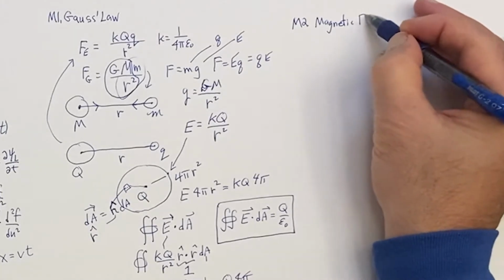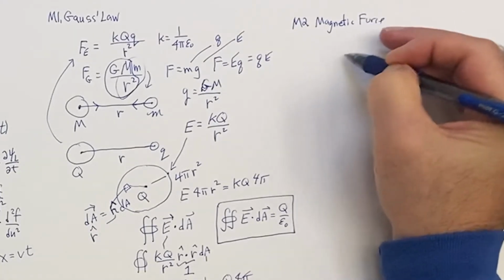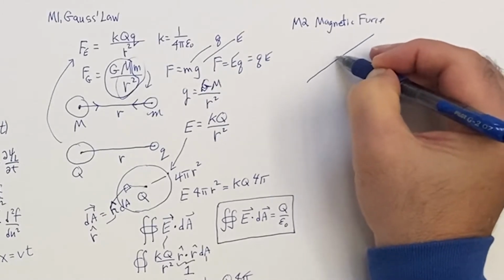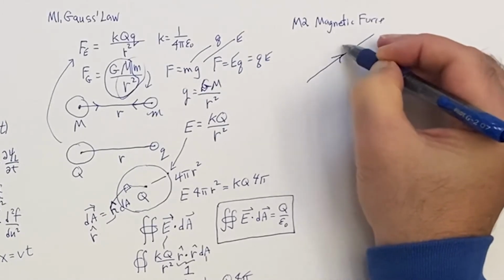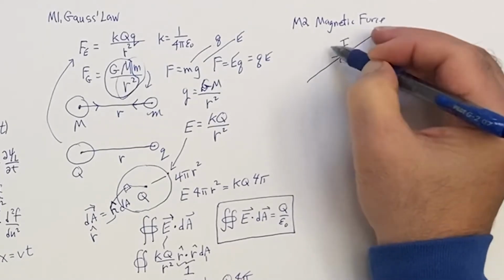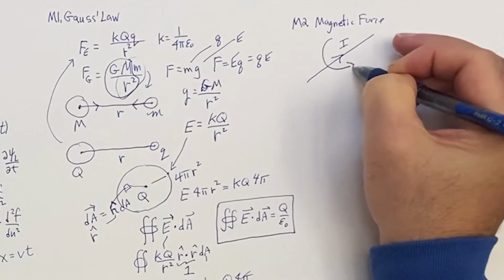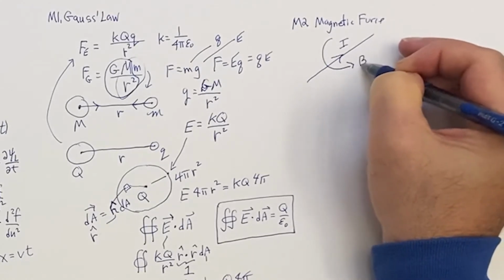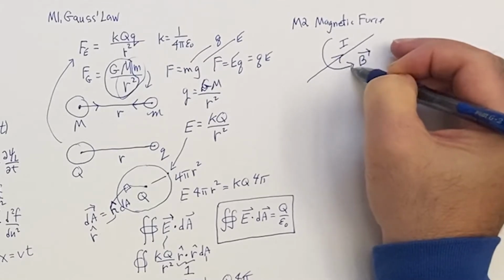So the magnetic force, you might recall from your physics, if you have a current going in a wire like this, there is a force field, and you could use your right thumb going up, and it curves this way, sets up a magnetic field.